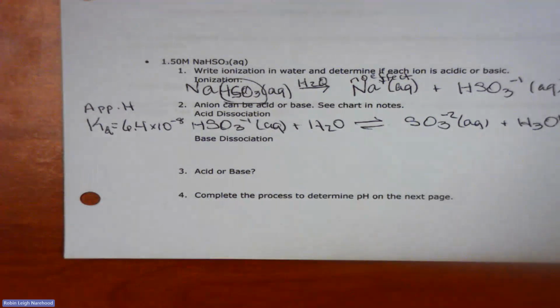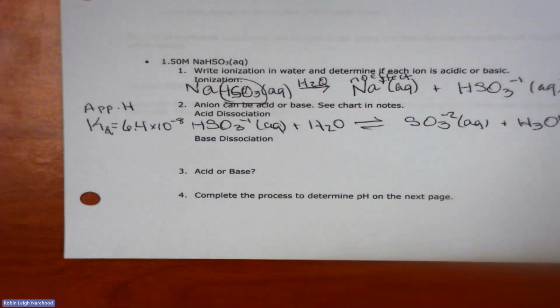So if it's a weak acid, it will have a Ka value. This is not the expression. This is just the value of the constant. It's the Ka part. The other side is the concentration of all of the ions at equilibrium.